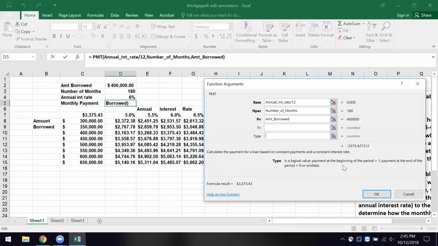A payment at the end of the period equals 0 or omitted, okay? So they're saying, are you going to pay at the start or the end of the month? Okay? Lenders will like you to pay at the end of the month. Why? Because it's a month of interest they can collect.